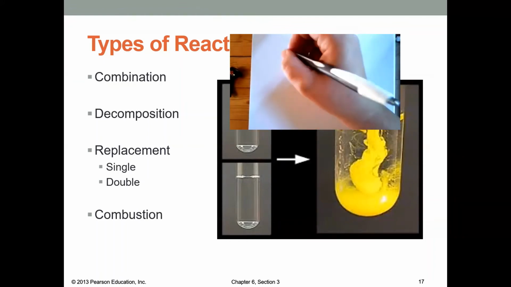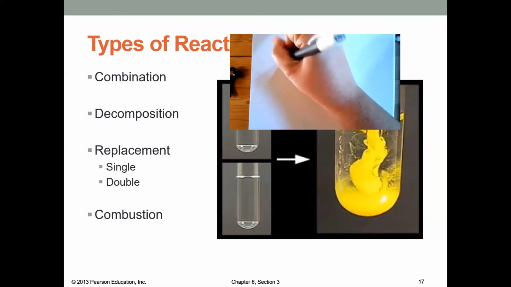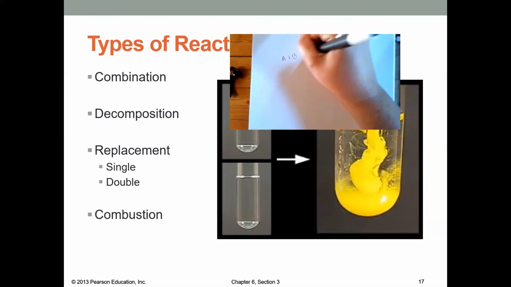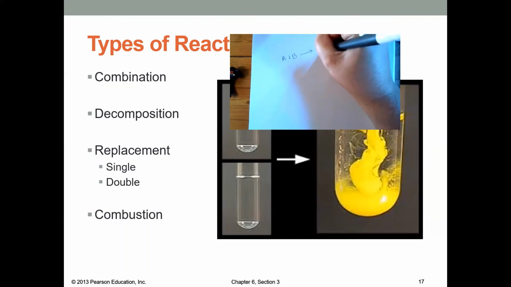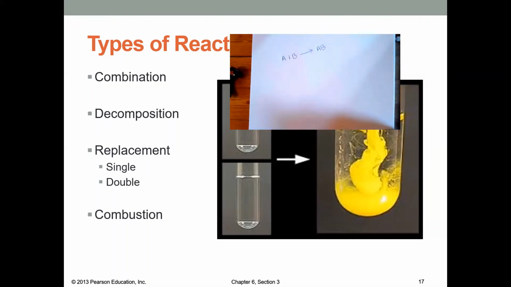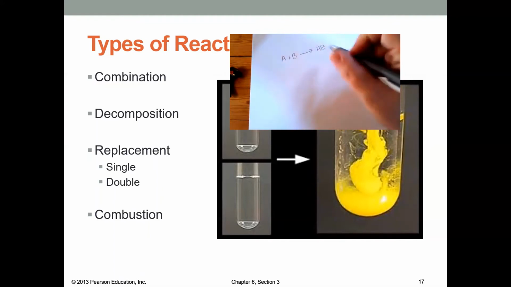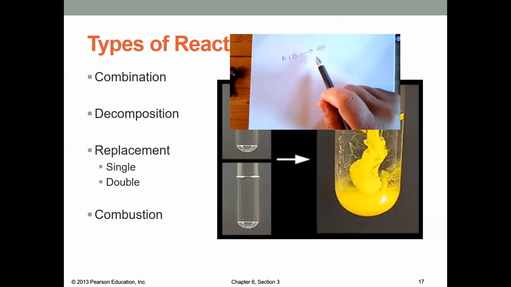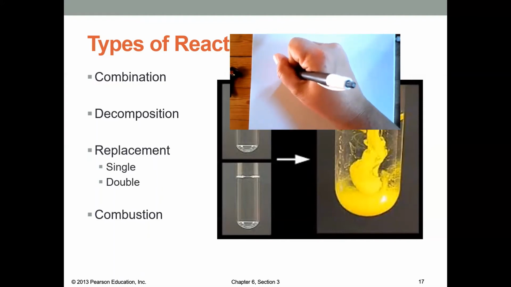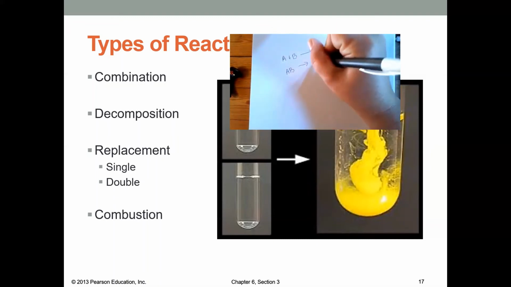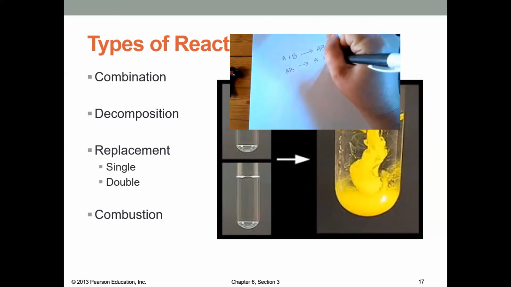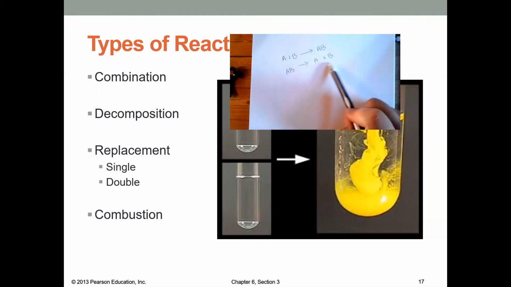So we can think of it as A plus B is going to yield me AB. They combine together. The second one, decomposition, is basically just the reverse of a combination. It's when something, say AB, breaks down to form its normal elements. So one breaks down into two.